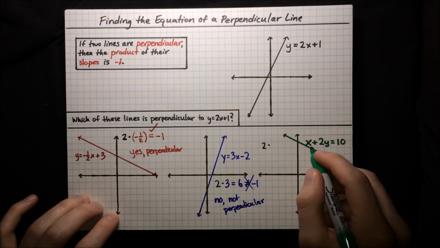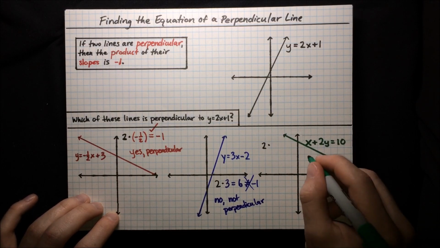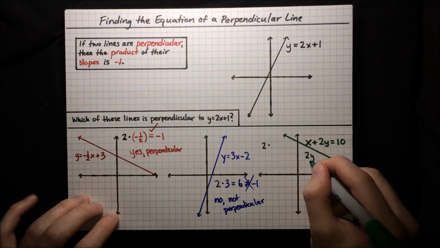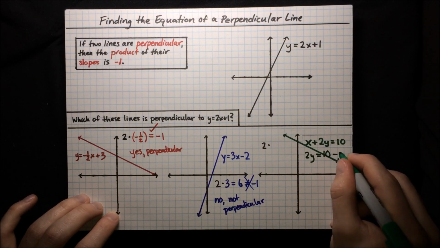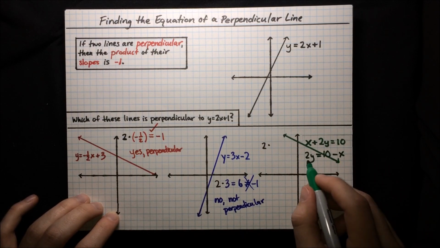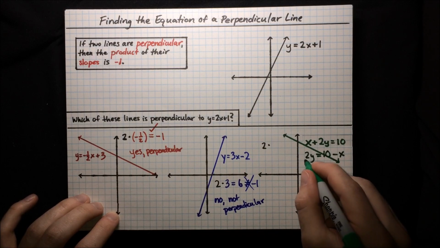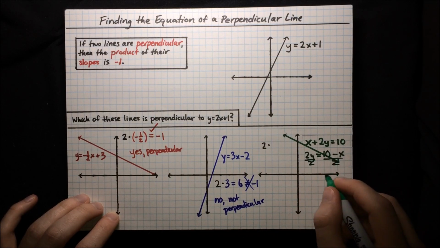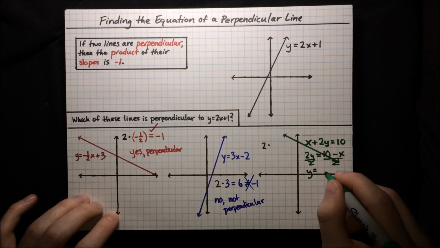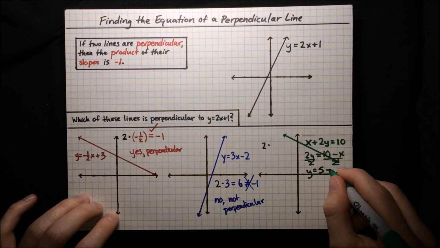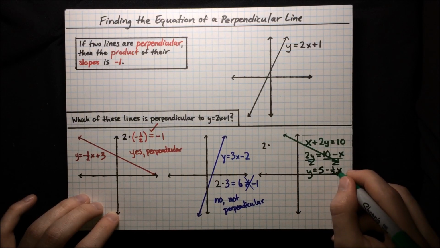So we'll go ahead and subtract x from both sides, and we'll get that 2y is equal to 10 minus x, and then we'll divide both sides by 2. So over 2 and over 2, and we'll just get y is equal to 10 divided by 2, that's 5, and then minus 1/2 x.